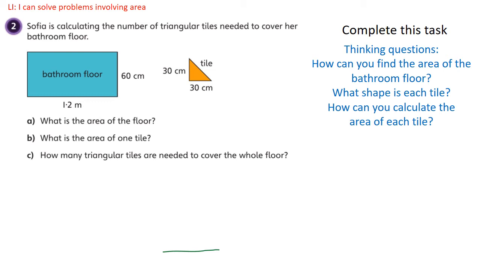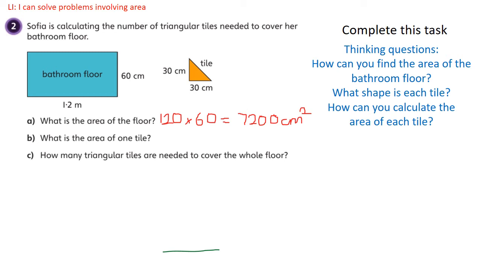So 1.2 metres is 120 centimetres. So we can do 120 times 60, 12 times 6 times 10 times 10, and that will give us 7,200 centimetre squared. Then it's asking, part B, what is the area of one tile?